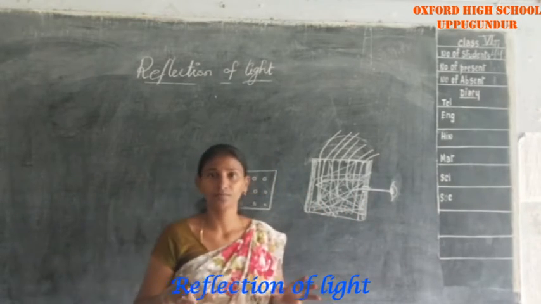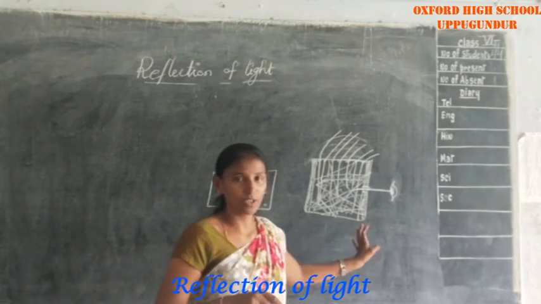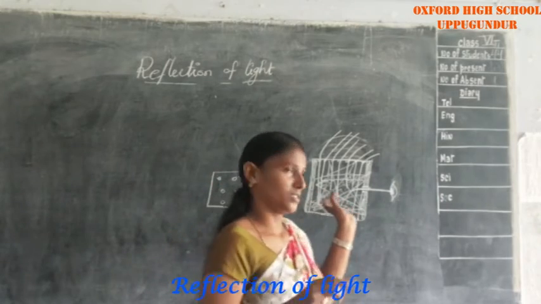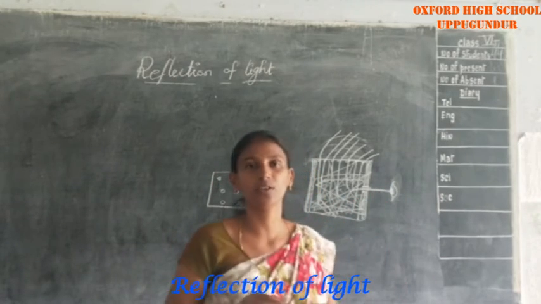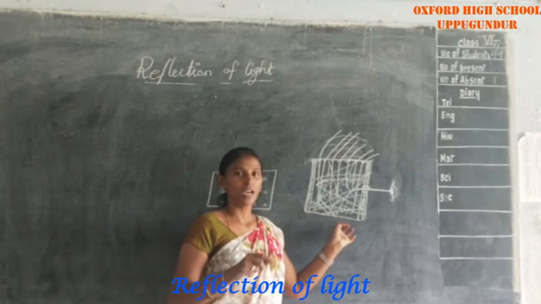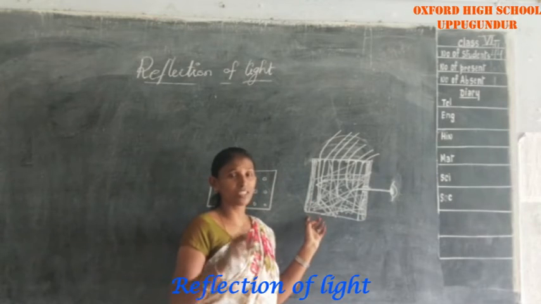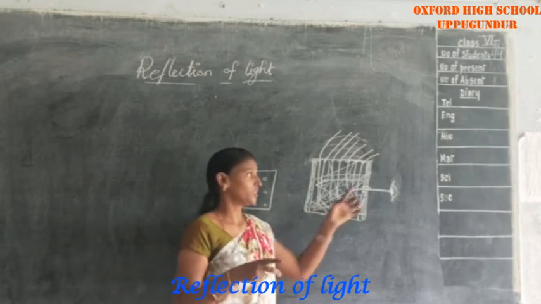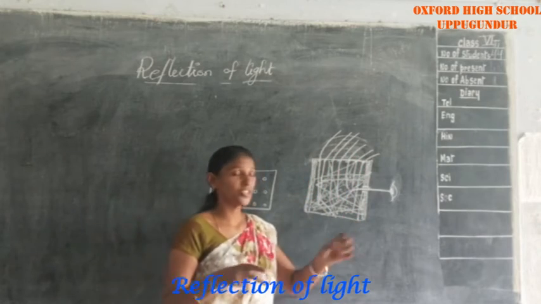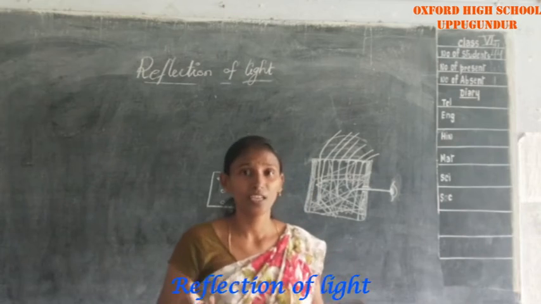Are you clear? Okay, so once you do this activity you can observe it at home. You prepare this type of box, keeping 2 plain mirrors or shining papers or anything, just keeping them on the wall sides, and on the upper side using the holes, and inside you can use any materials, not only flowers. You can use any shining colors.